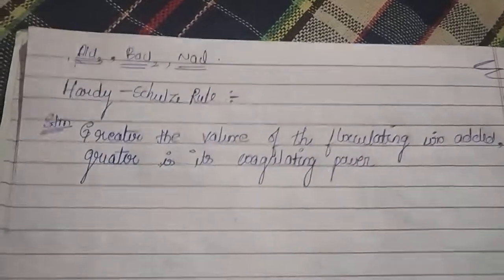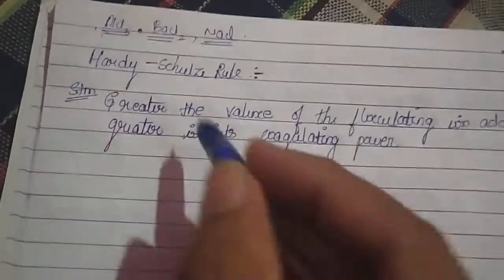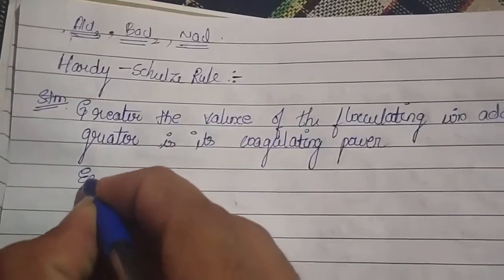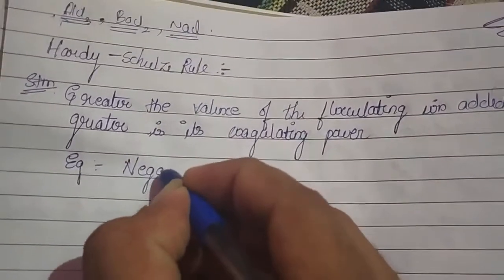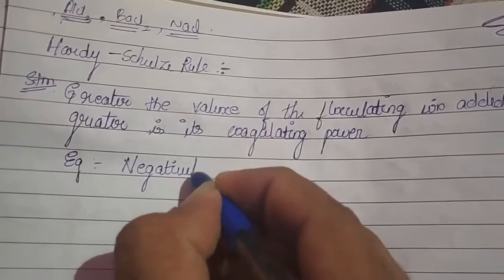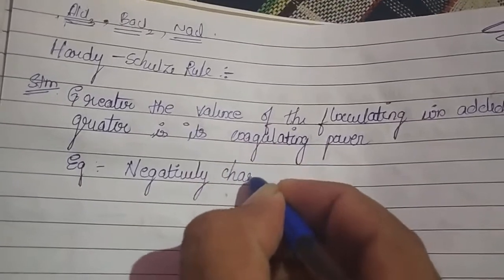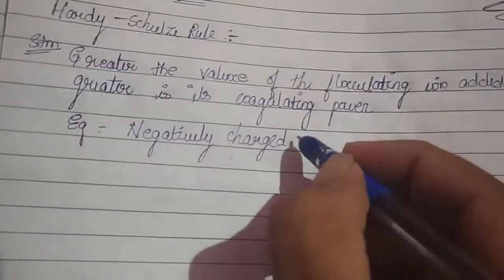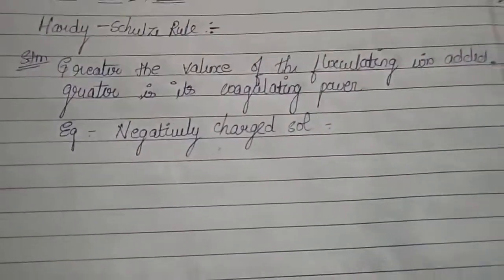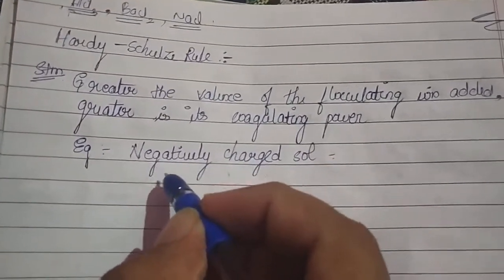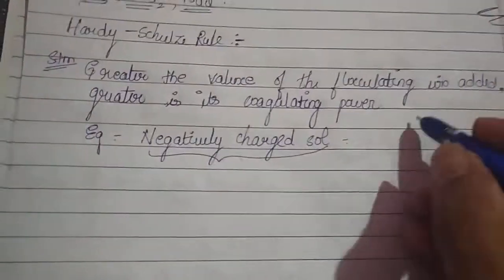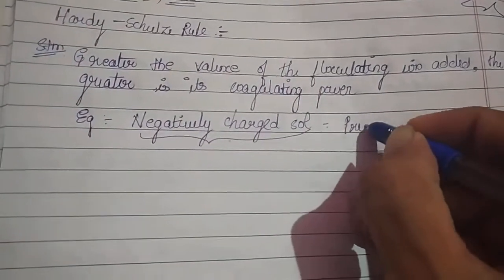Now the question arises, what is the meaning of this statement? For example, I have been given a negatively charged sol. Take any one example, whatever we have seen. Now you have been given a task: I have to make these colloidal particles a precipitate.